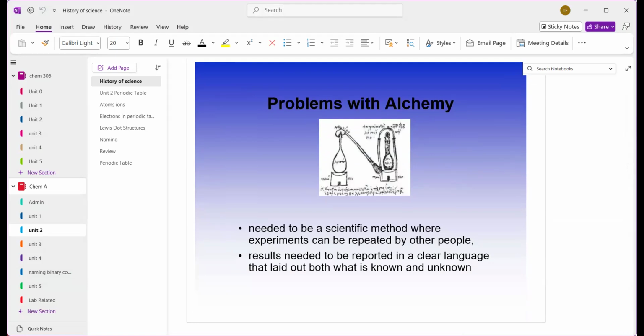They had two issues. Alchemists were very powerful in the kingdom, and they wanted to stay powerful. So one of the ways to stay powerful is to do things but not tell anyone how you did it. Now, in the modern scientific world, if you do that, you will be ousted out of your job.